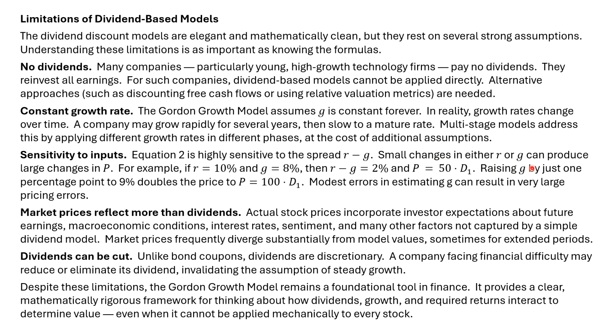However, if you just raise G by 1 percentage point to 9% or 0.09, now you're dividing by the difference of 0.10 and 0.09, and that's 0.01, and so now you're going to get 100 times D1 for the theoretical price. So you see, just by a slight change in G, you're getting double the price. So small changes can make big changes in your calculation here.